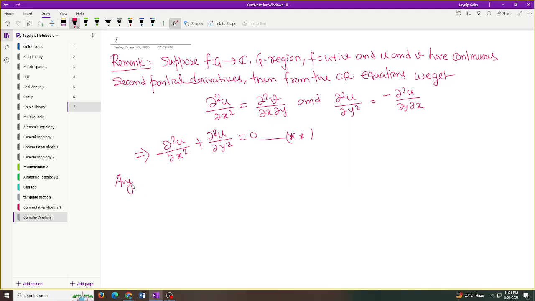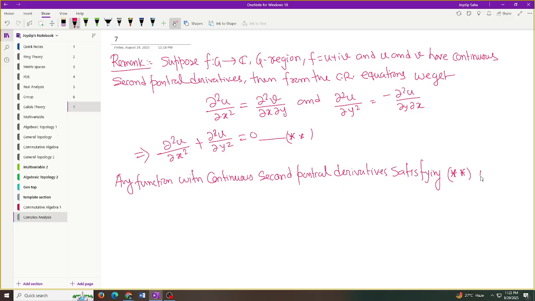Any function with continuous second derivatives satisfying the Laplace equation is said to be harmonic.